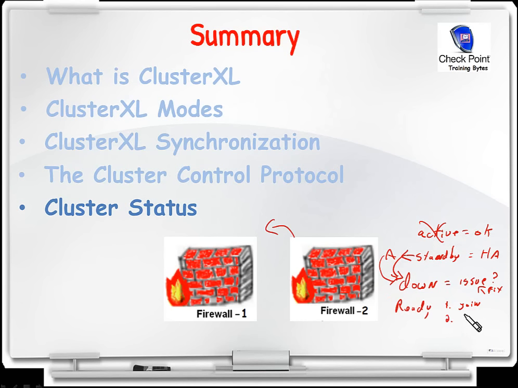A machine can also be stuck in a ready state in certain situations when it tries to join the cluster, and maybe the software is different from the actual cluster members, so the members won't allow it to join because they are on different versions. Also, if the hardware is different, for example if they're using a different number of cores, a machine that's trying to join the cluster might be stuck in a ready state because other members will not allow it to join the cluster.